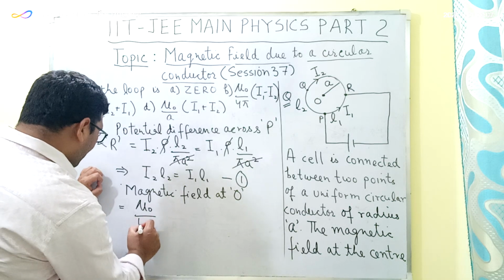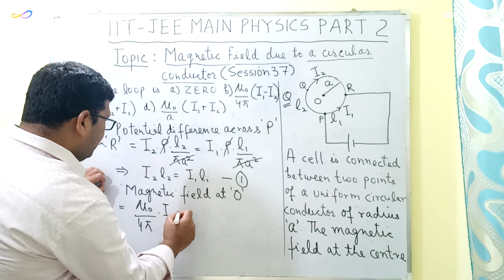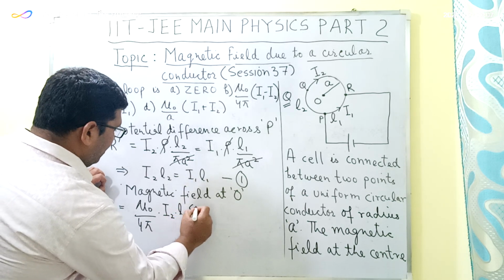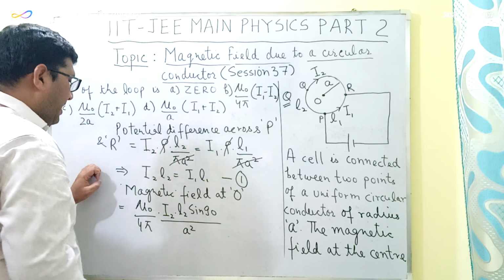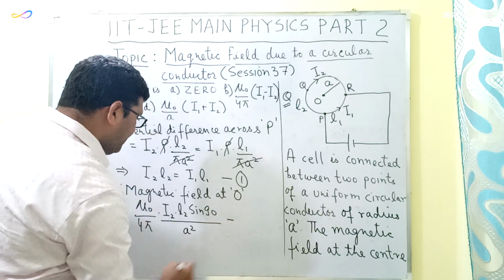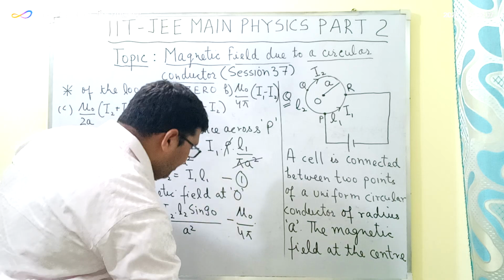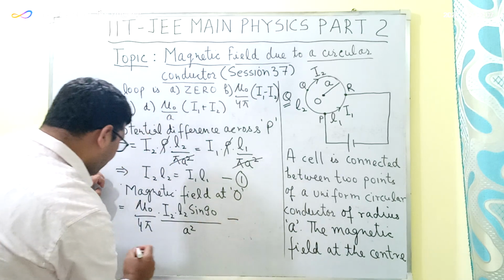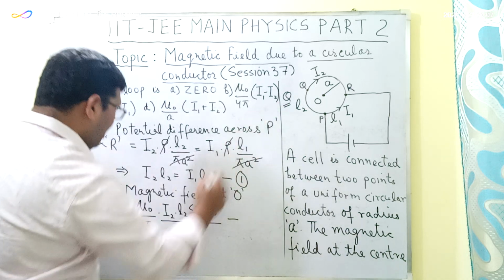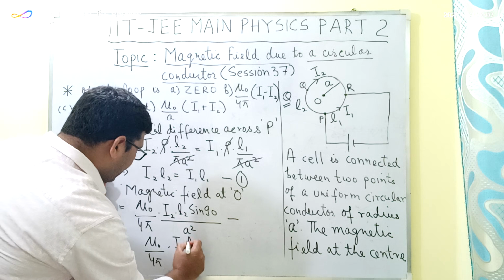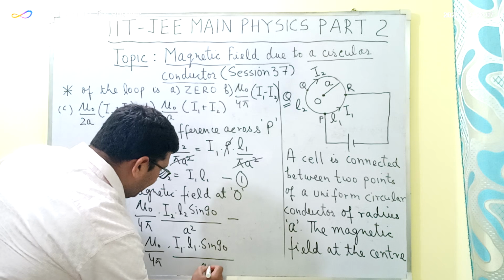This will be equal to mu naught upon 4 pi into I2 into L2 sin 90 divided by a square, minus mu naught upon 4 pi into I1 into L1 sin 90 divided by a square.